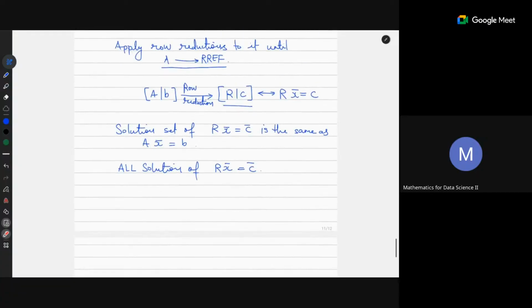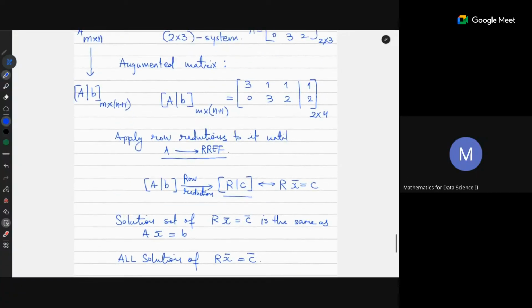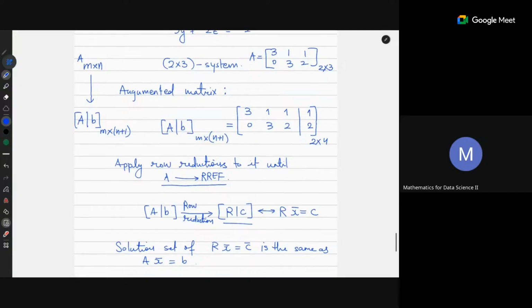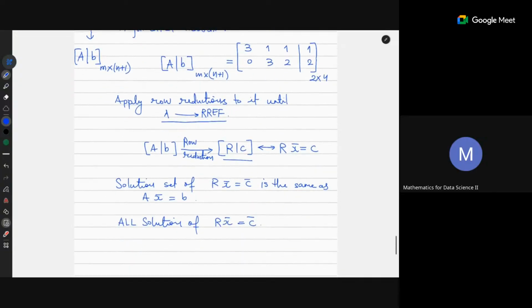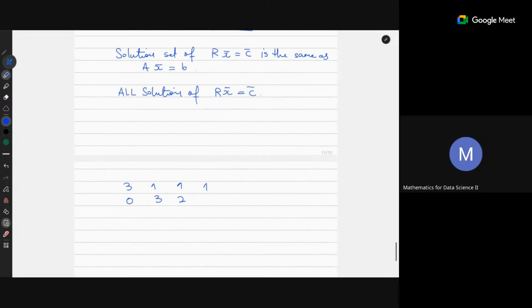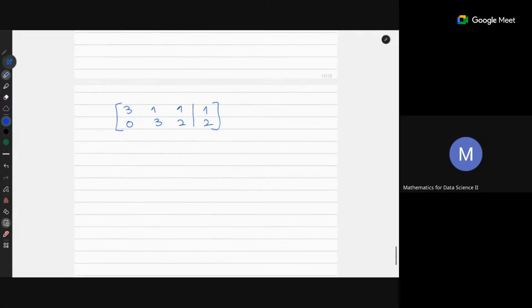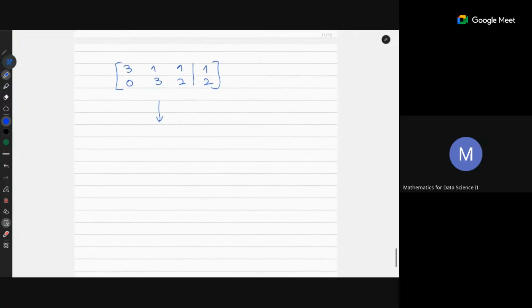So now let me take this example: 3 1 1 1, 0 3 2. This is the augmented matrix. Now, what should I do first?